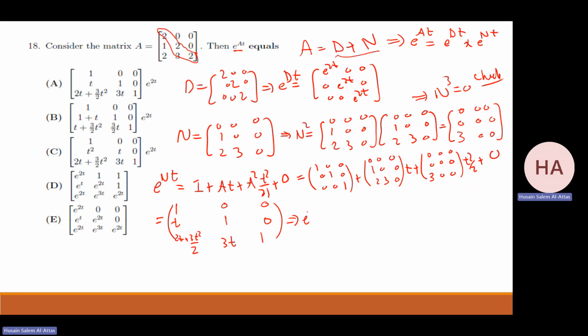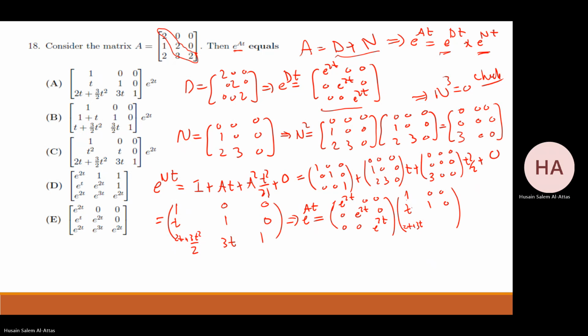Now it will be e to the power At. It will be this matrix, sorry, it will be e^Dt times e^Nt. So you have e^t, it's a diagonal, so it will not make a difference, but okay, times this matrix 1, 0, 0, t, 1, 0, 2t, 3t, 1.